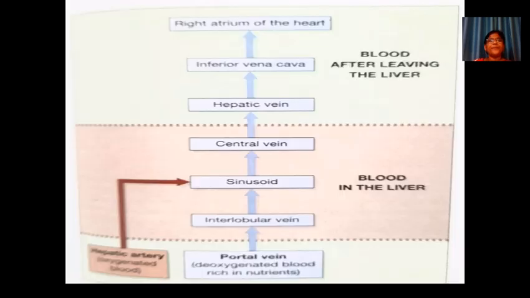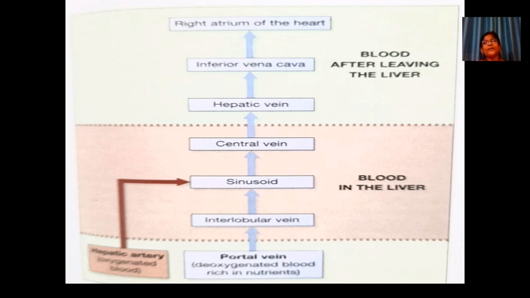Clear? And you can see this picture, blood flow. From portal vein and from hepatic artery, these two give blood supply to the sinusoid. This blood enters into the sinusoid. From the sinusoid, blood enters into the central vein.